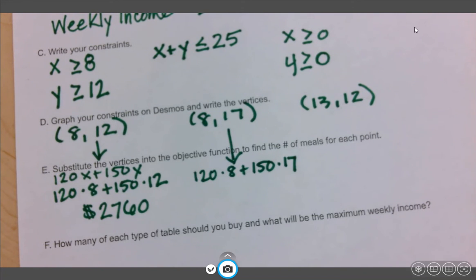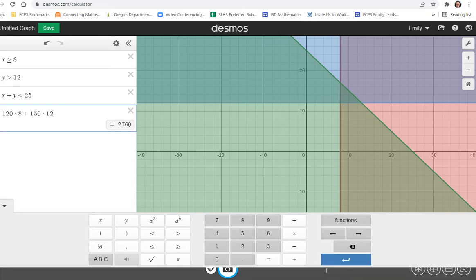So I'm going to go back to my Desmos and calculate this one, see how much money they're making. So I need to change the 12 to 17. And $3,510. Okay, but maybe this last one is more. We'll have to take a look.